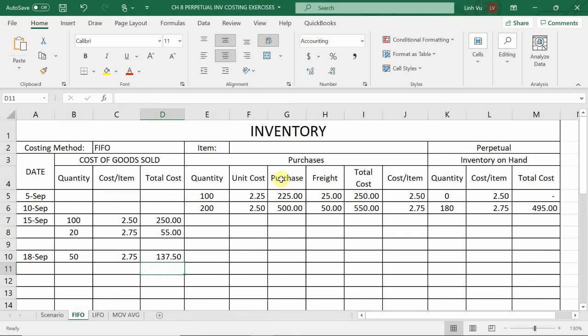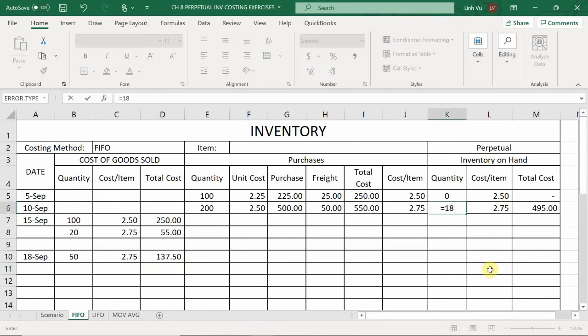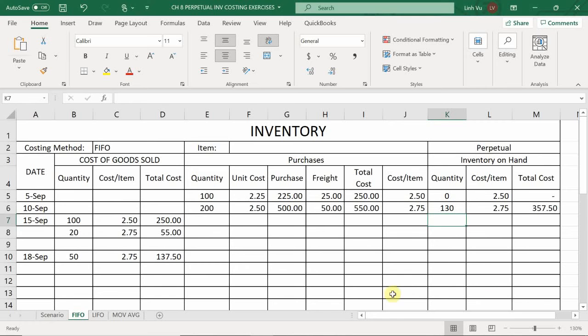We take our 180 and subtract 50. How much should we have left in inventory? 130, at a cost of $357.50. Good.